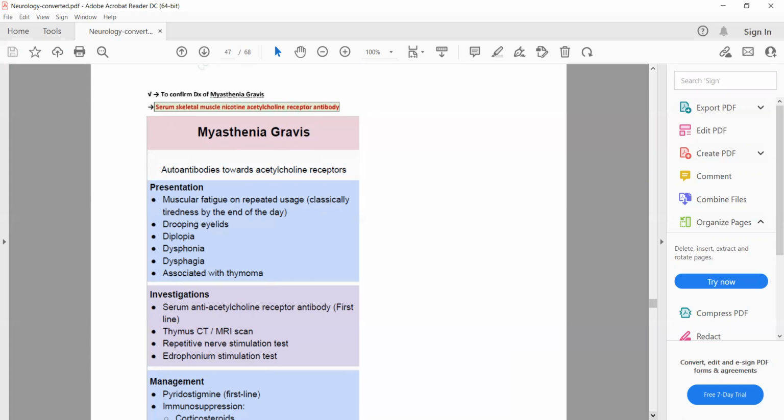So that's why the weakness in Myasthenia gravis gets worse with activity. These two important points are important to remember to differentiate Myasthenia gravis from other conditions which can cause muscle weakness.